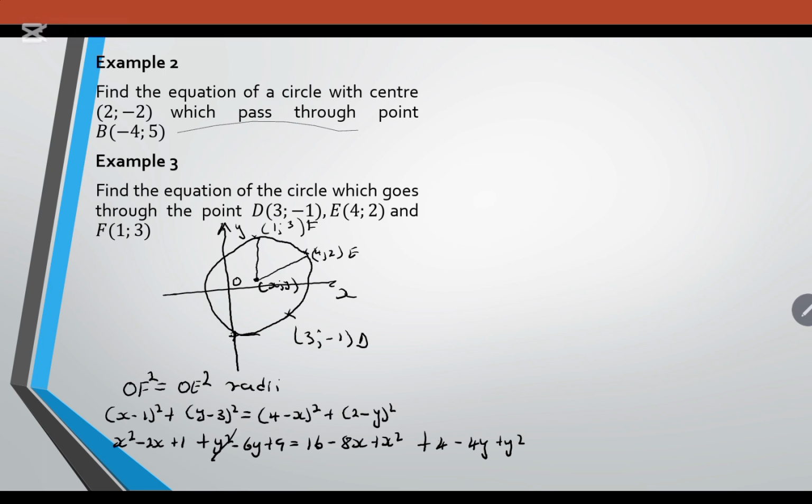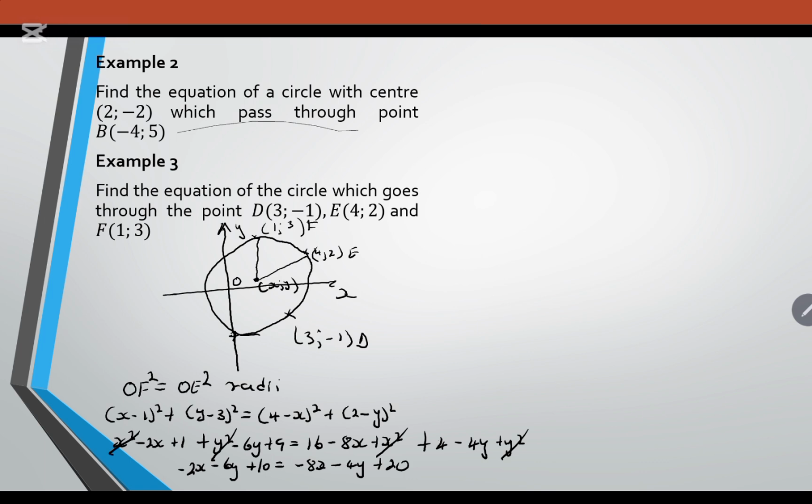Now, y squared minus y squared is 0. x squared minus x squared is 0. On the left hand side, we are left with negative 2x minus 6y plus 10, equal to, on the right hand side, negative 8x, negative 4y plus 20.